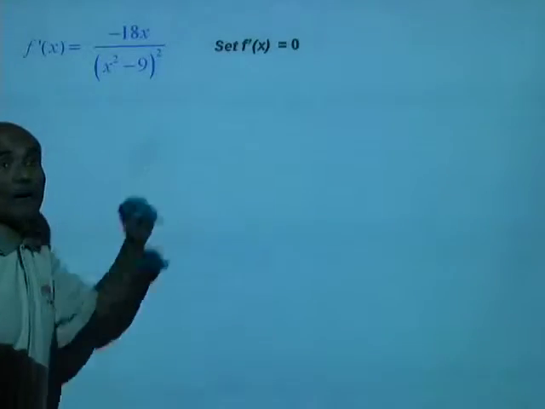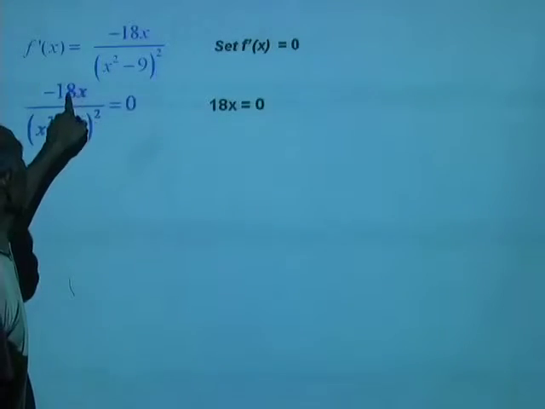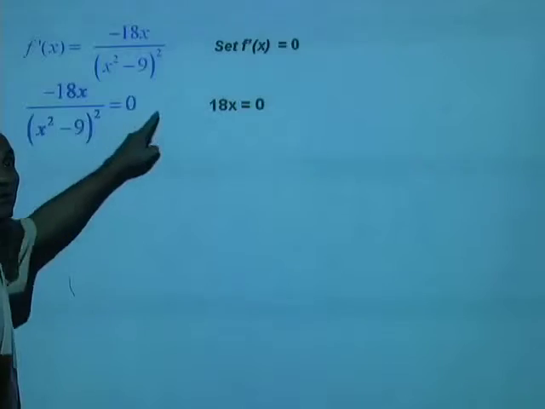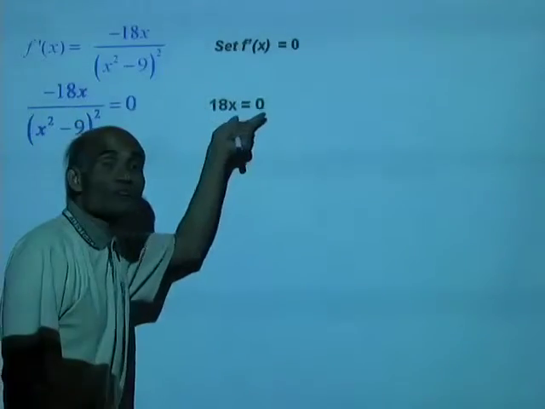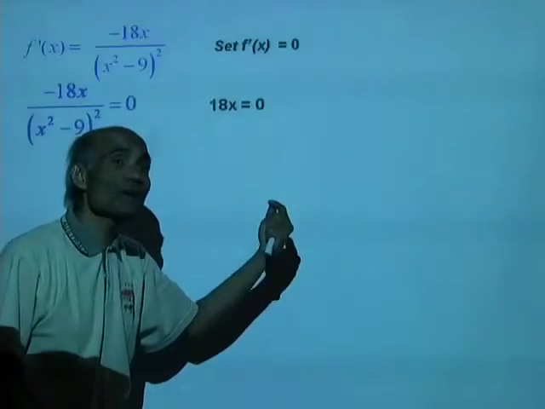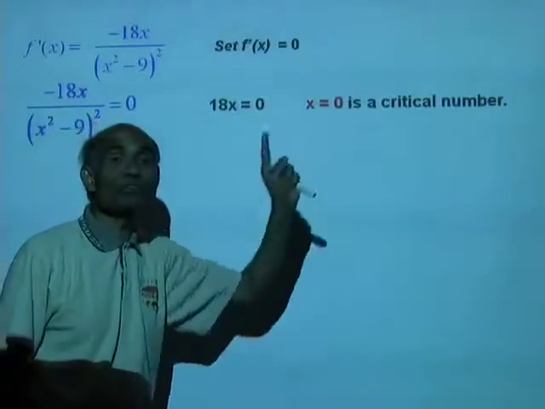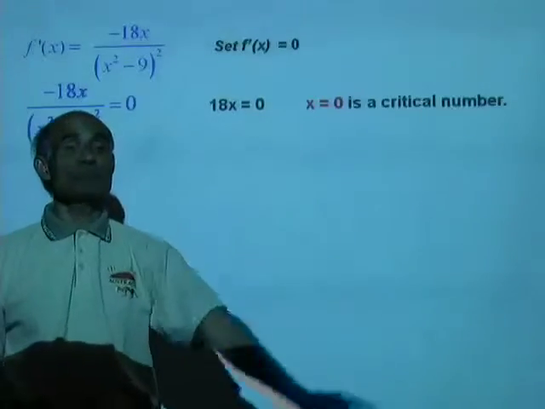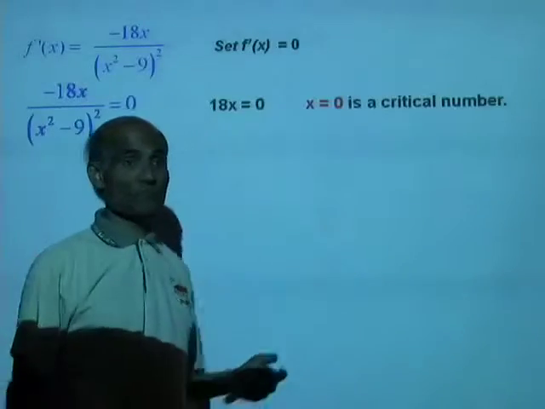We set f prime of x equal to 0, and this becomes 0 when 18x equals 0. And 18x equals 0 occurs when x equals 0. So x equals 0 is a critical number, and that's a point where the derivative is 0.